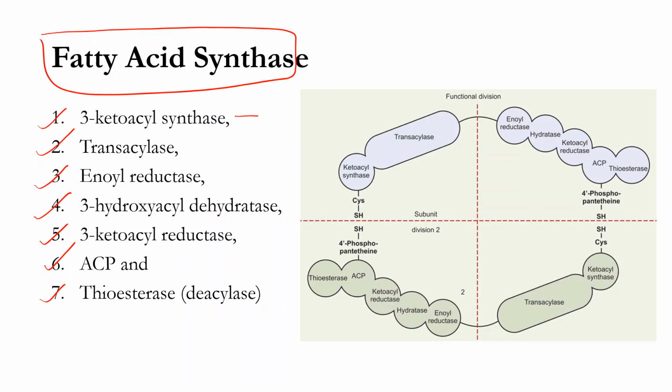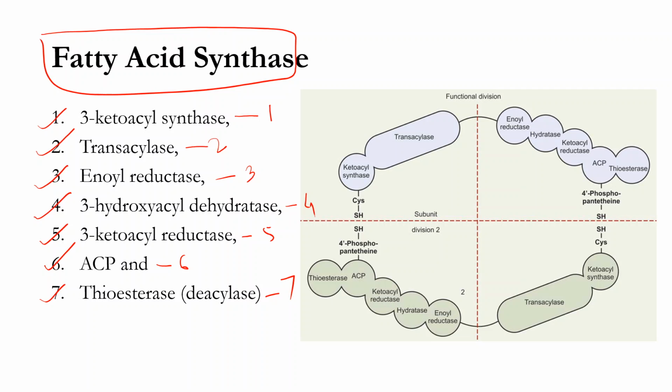One is the 3-ketoacyl synthase, the other one is the trans-acylase, third one is the enoyl reductase, fourth one is the hydroxyacyl dehydratase, fifth one is the ketoacyl reductase, and the sixth one is the ACP. Basically, it is a binding protein, and the seventh is the thioesterase.